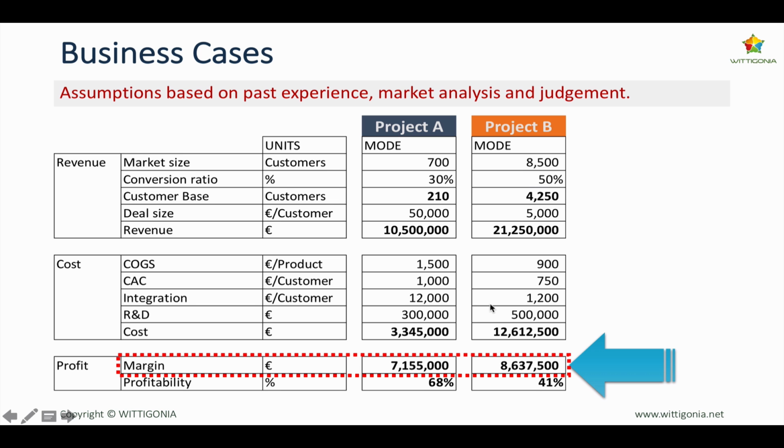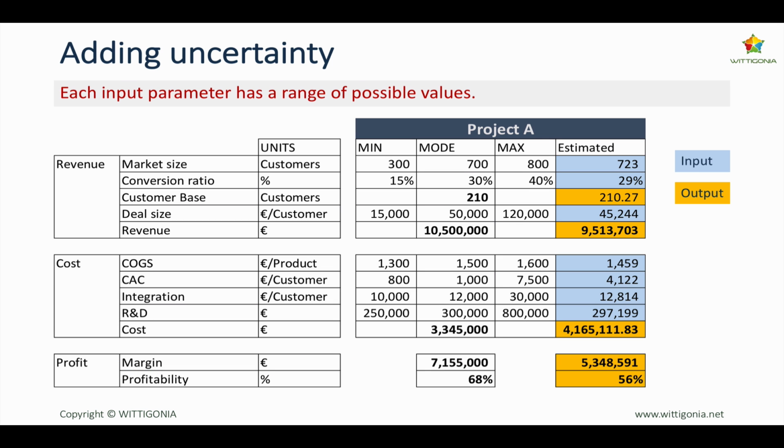Now, taking it a step further, what we are looking at when we talk about uncertainty is we think about possible outcomes. For example, let's take the R&D cost here. For project A, we estimated, so this column here, the mode, indicates this is the most likely value.